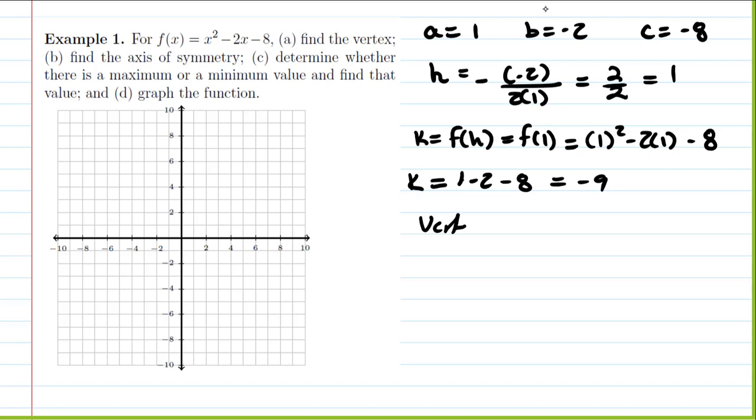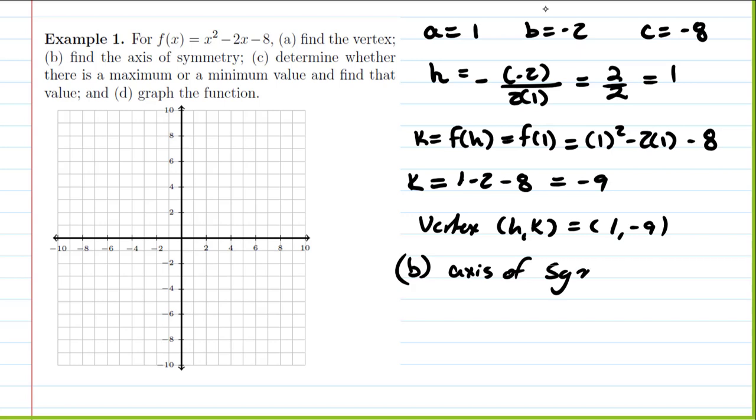So my vertex is at the point h comma k, which is 1 and negative 9. So the axis of symmetry is going to be x equals h, and we just found h, so it's x equals 1.